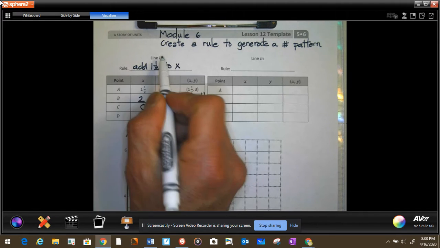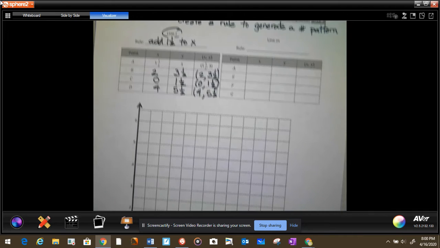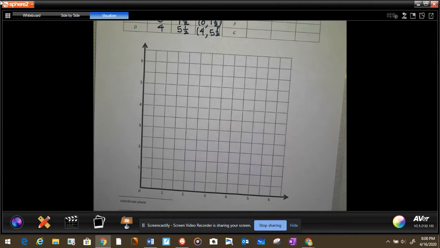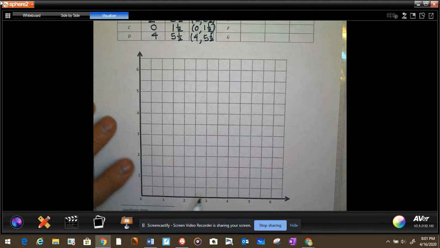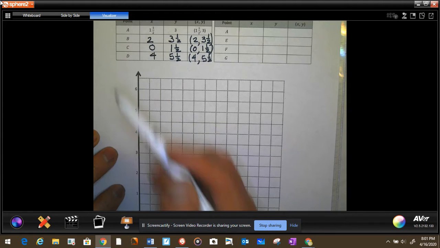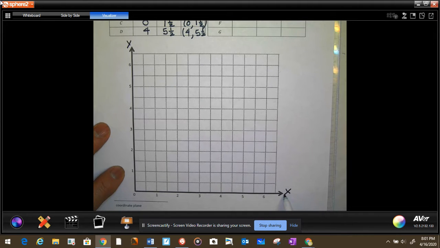Now we're going to plot this, and this is the line L. Let me make sure you can see the whole graph, because it's been challenging doing this. Let me label the y-axis and the x-axis.